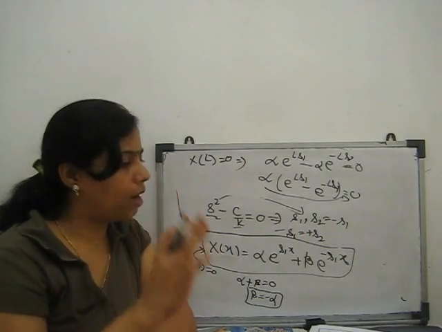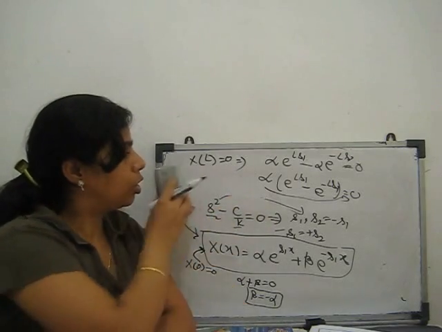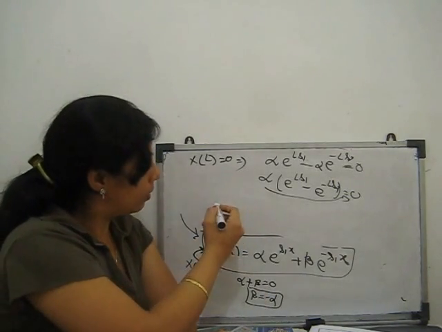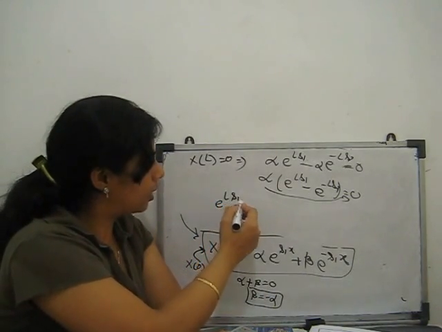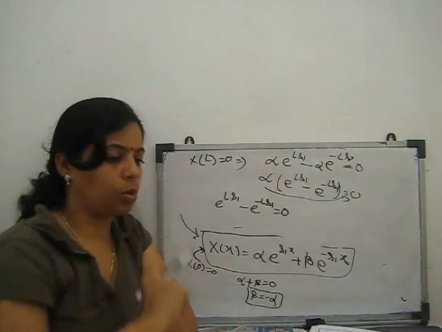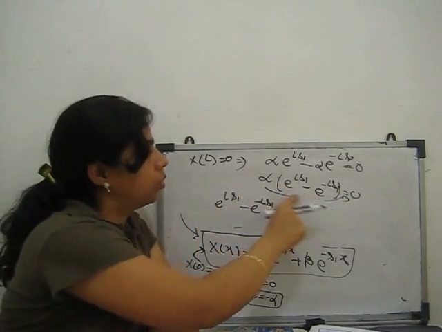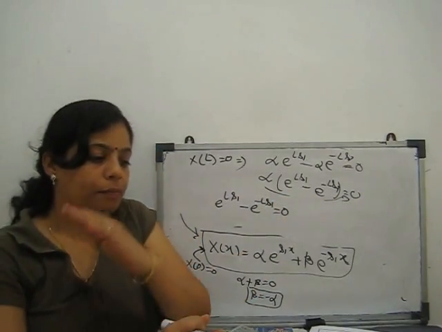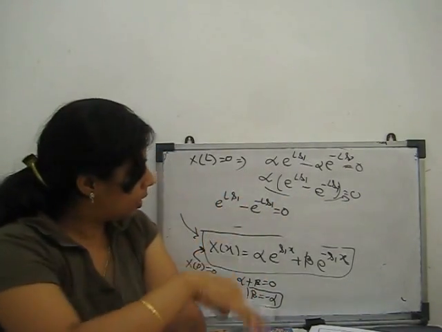Clear? So if alpha and beta are not 0, then the nontrivial solution comes with the help of e to the power LS1 minus e to the power minus LS1 equal to 0. We can consider this part is 0. So if this part is 0, what does it give?